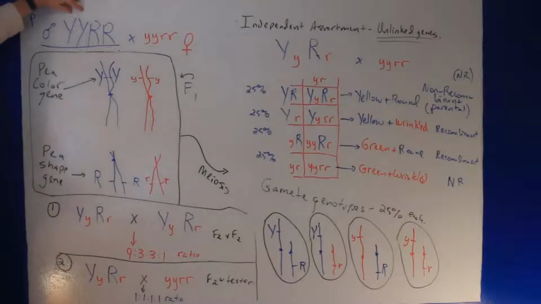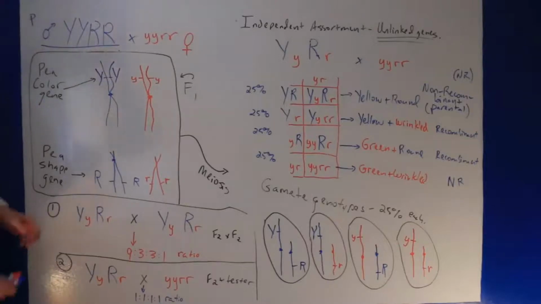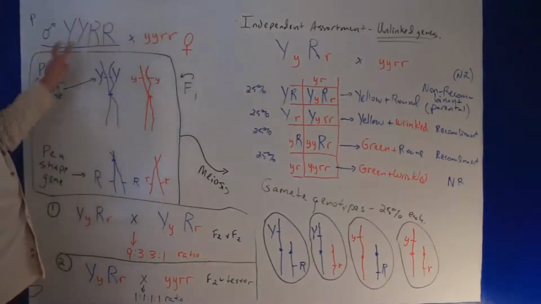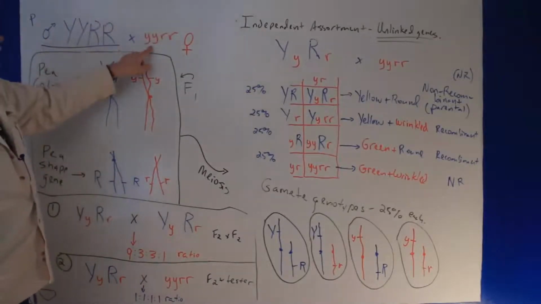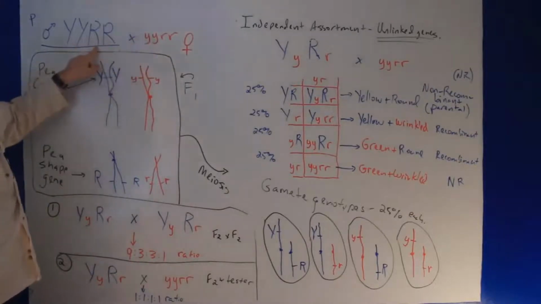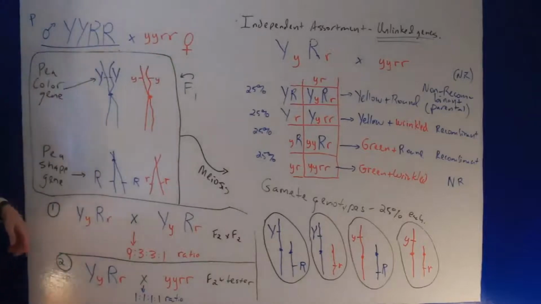So this is a pure breeding parent that has yellow and round peas. In his dihybrid cross, he crossed it to a pure breeding strain that differed for those two traits, pure breeding green and wrinkled. Yellow is dominant to green, round is dominant to wrinkled.